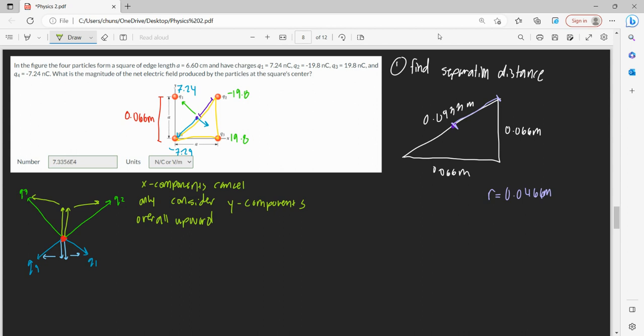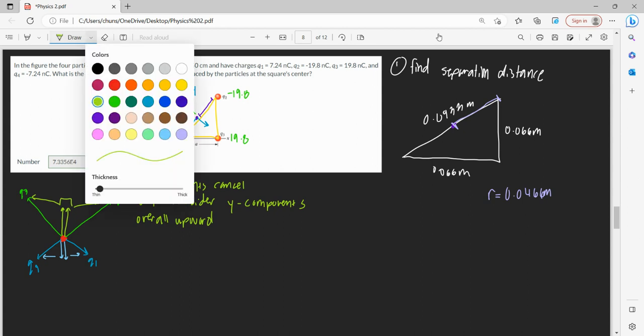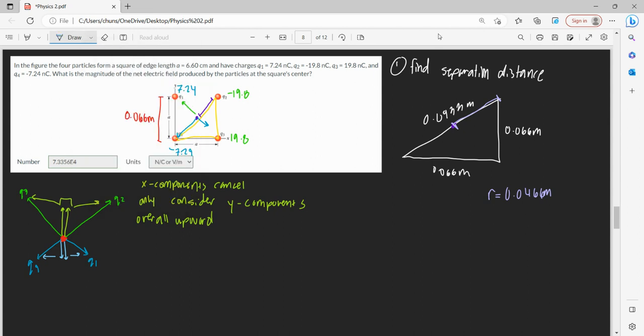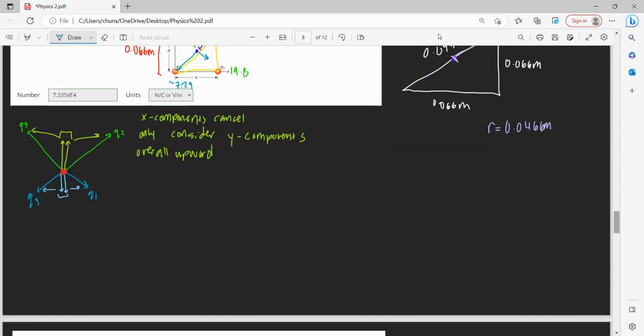So what we're going to need to do, we're going to take these in a positive direction. So we know that there's two of these in our positive direction, and then we're going to subtract our two negative direction y components. So let's draw what that looks like.